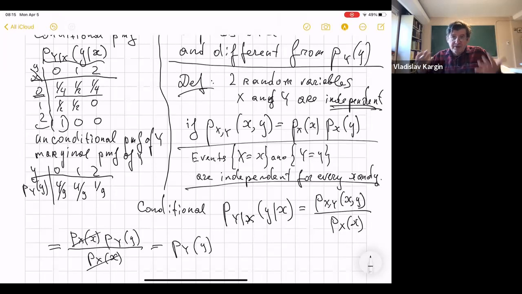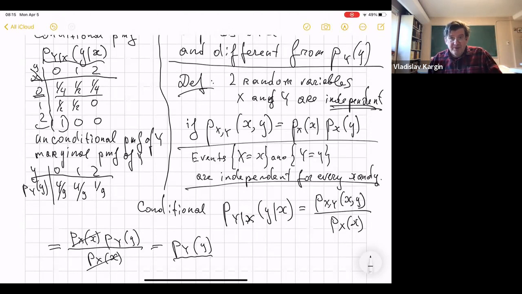That means the conditional probability is always equal to the marginal one, and it doesn't depend on x. So this is the definition of independence and its meaning: observation of one random variable doesn't tell you anything about the probabilities of the outcomes of another random variable.